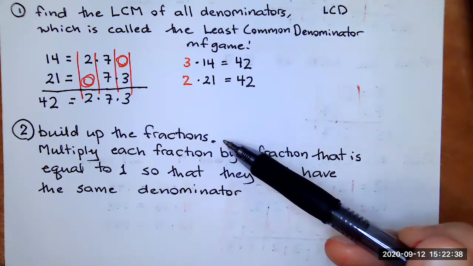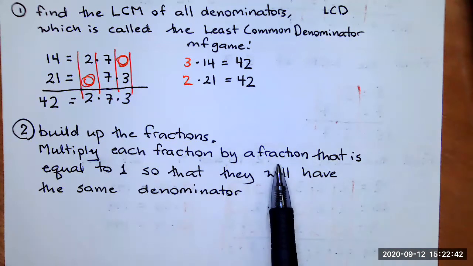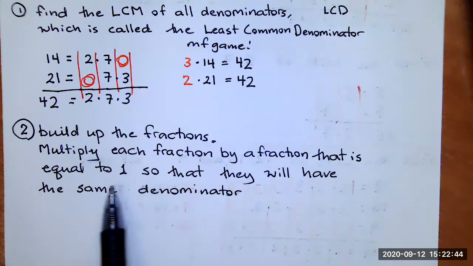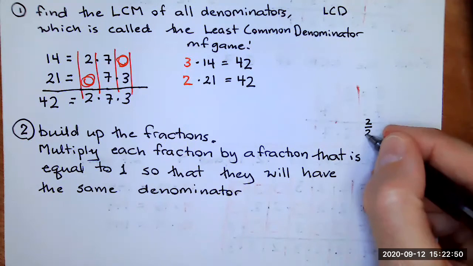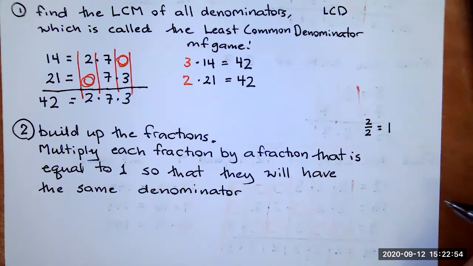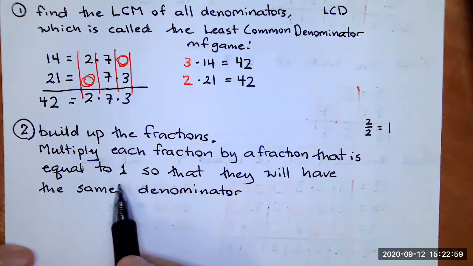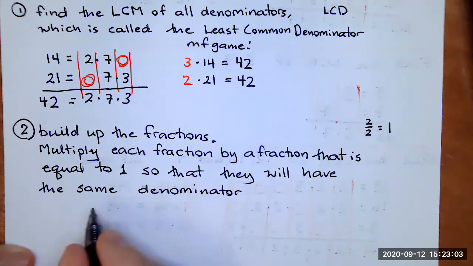So the next step is called build up the fractions. We're going to multiply each fraction by a fraction that is equal to 1. And remember, a fraction that's equal to 1 is a fraction where the numerator and the denominator are the same number. And the reason we do that is so that they'll have the same denominator.